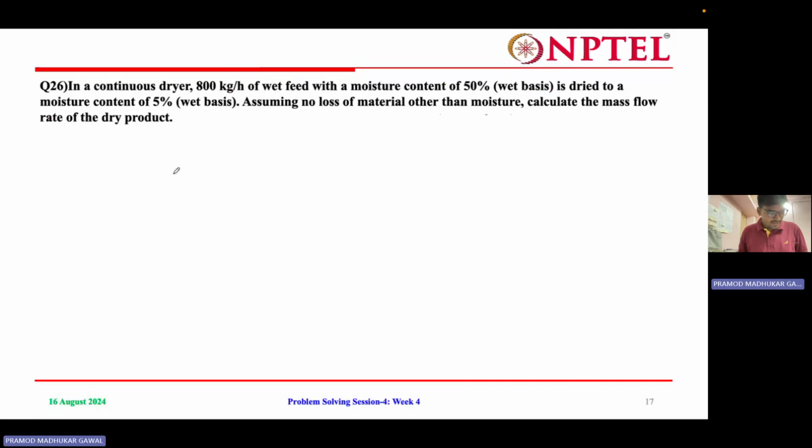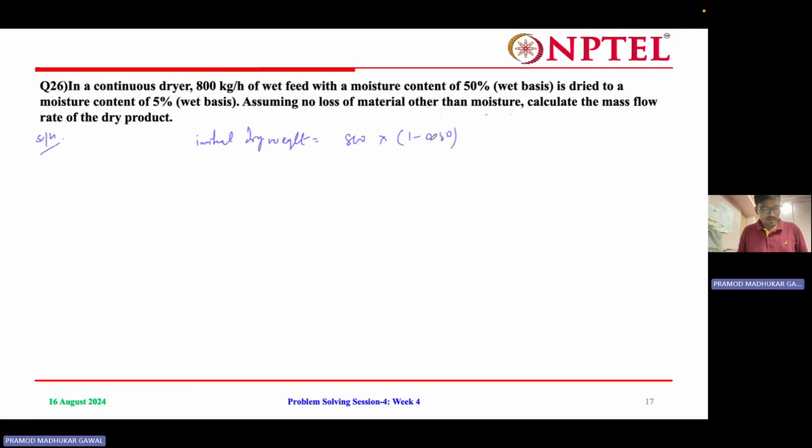So here the initial dry weight is 800 into 1 minus 0.5.